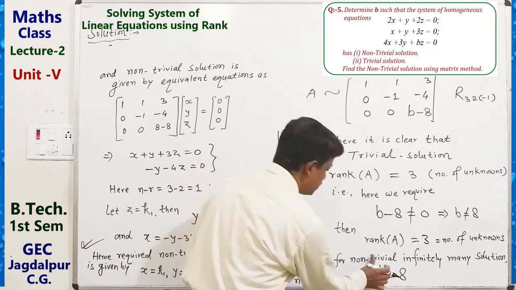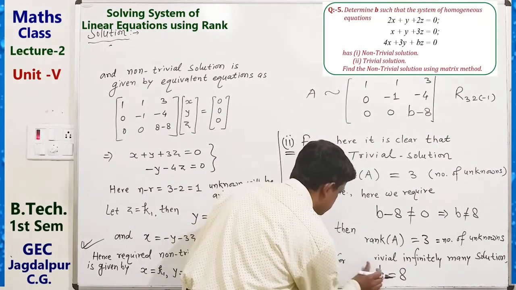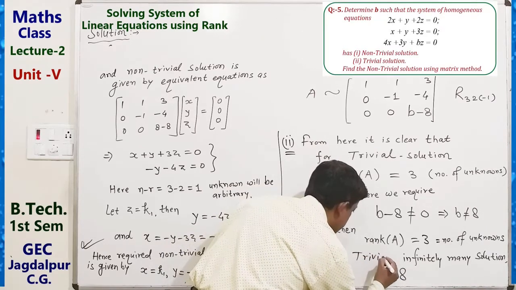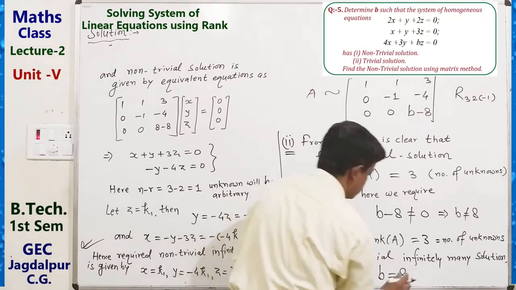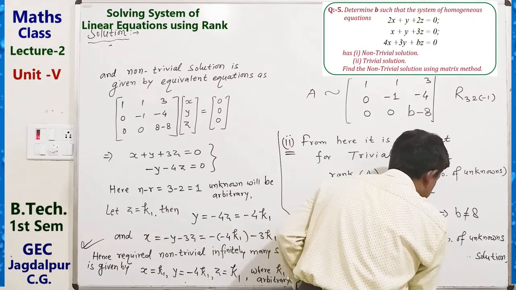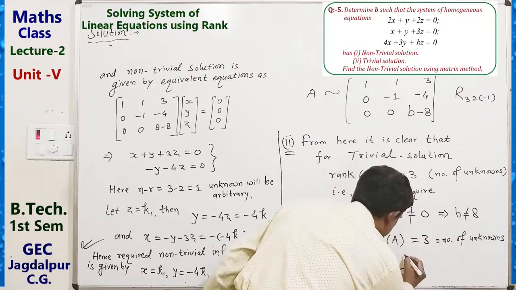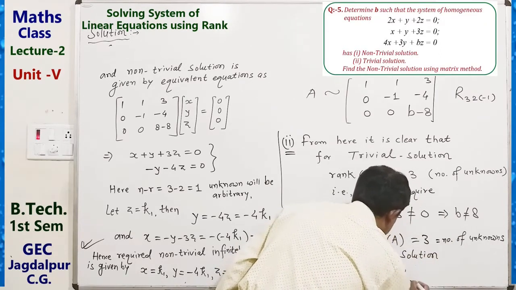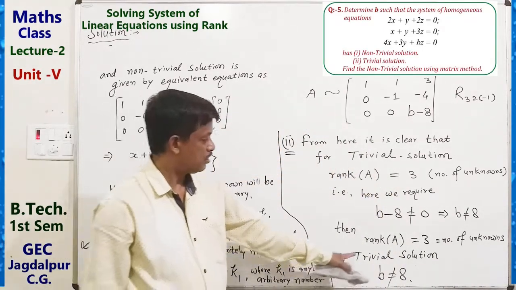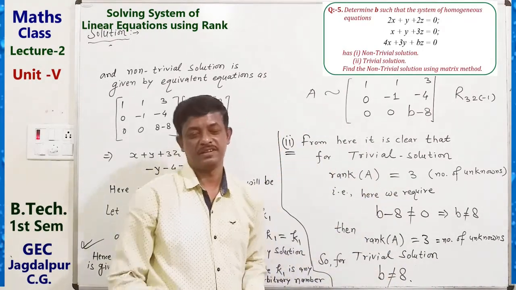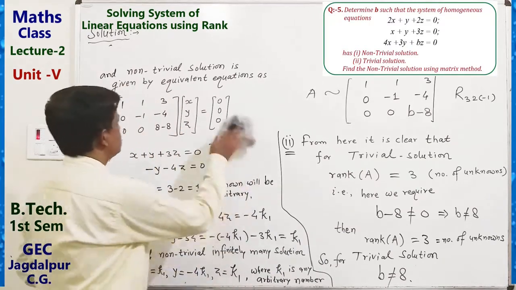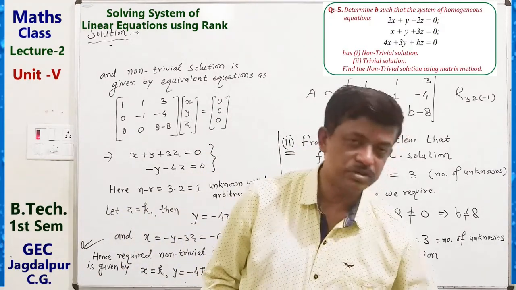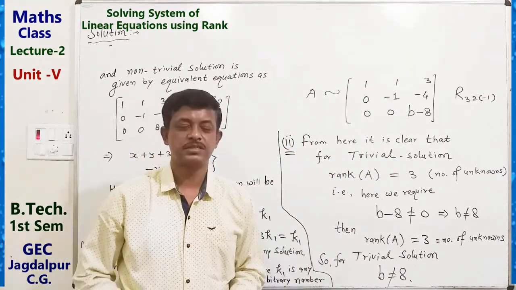So for the trivial solution, B is not equal to 8. Okay, so this is the solution of these questions by using a homogeneous system of equations.